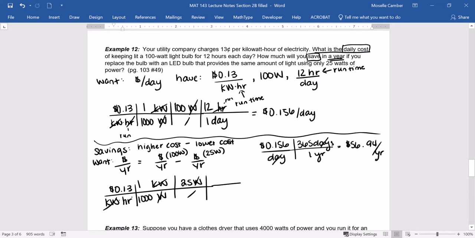Now from hour, this time instead of hours a day, we're going from hour to year. So we have 12 hours a day that it's being run, and then 365 days per year. So days cancel, hours cancel. Now we're left with a dollar amount per year. So we do 13 cents times 25 times 12 times 365 divided by 1,000, and I get $14.24 per year.